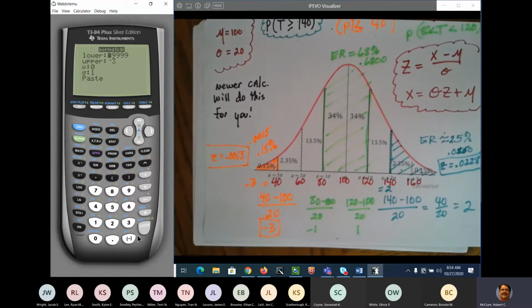So I'm going to go from -9999 to 40, IQ test, and the mean is 100 and the standard deviation is 20. I did no calculating, all I did was punch and plug and chug. And it comes out to be the same exact answer.